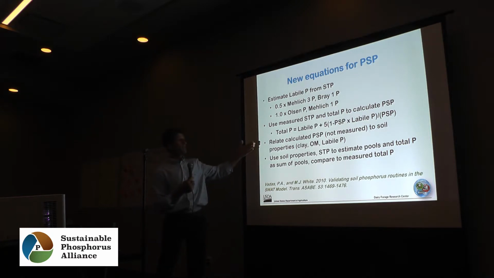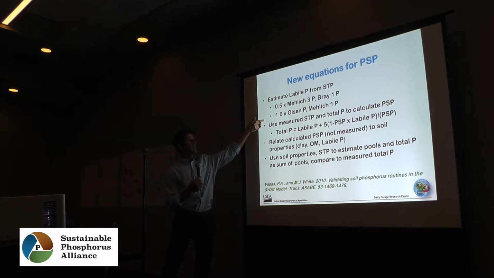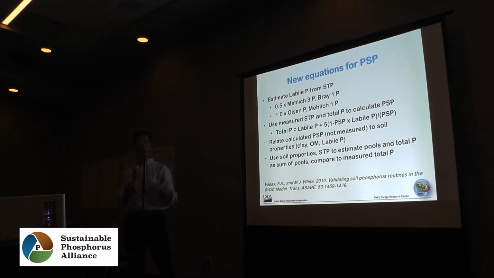Since we're underestimating this, what we said is, what if we didn't just experimentally measure PSP? What if we estimated labile P and then calculated what PSP would need to be to exactly predict what we measured in total P, which is what we did.